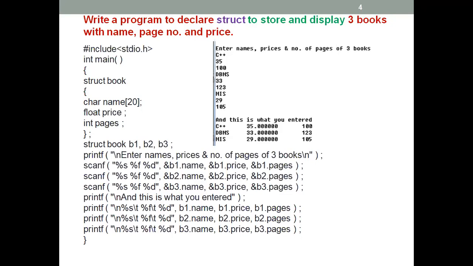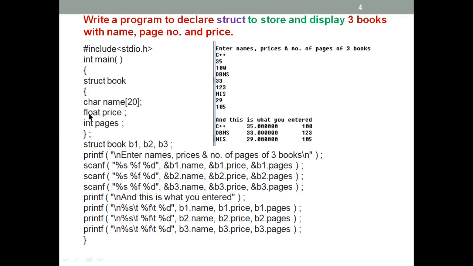After you enter this, the output will be given like this, and this is what you entered. It will be saved in your computer. It comes out like this: C++, the price is 35.000. Why is there 000 here? You already know that you declared the price as a float.